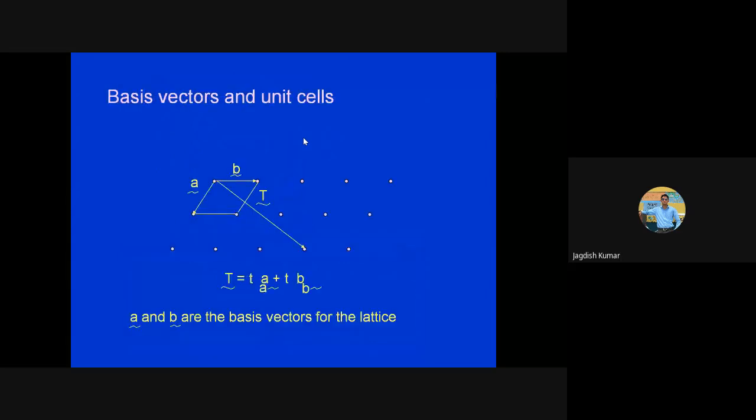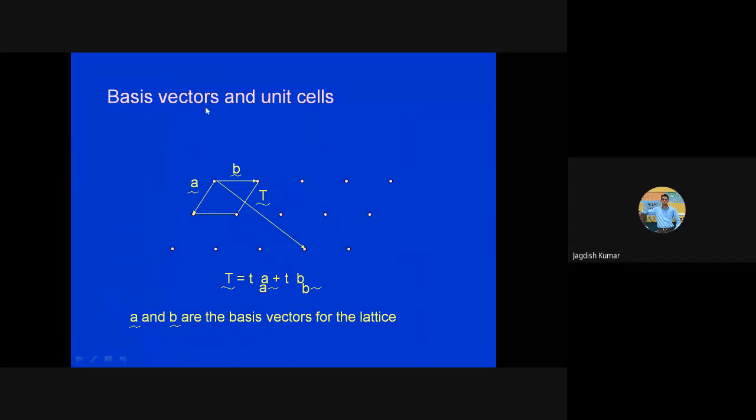In the case of a two-dimensional arrangement of points, or a two-dimensional lattice, we can define the unit cell with the help of basis vectors. Let us choose the second method of taking vectors. We define this A vector and B vector as the basis vectors.